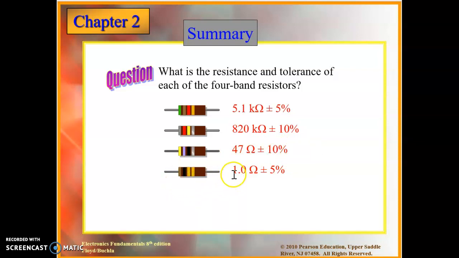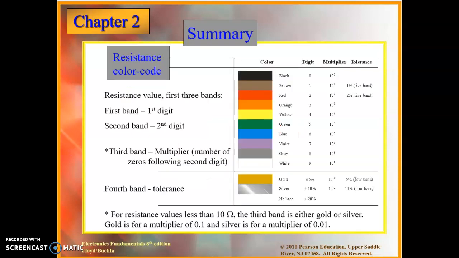We have brown is 1, black is 0. In this case we do write down the 0 because it is the second band, so we just copy it. This looks like they put a gold here, but we don't have a gold here, so we are going to take that to be yellow, and yellow is 4.